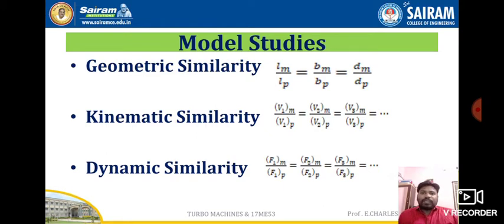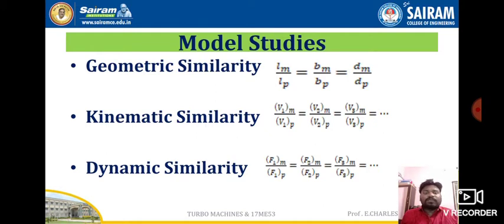In the same way, for any product there is a prototype. The calculations and the detailed study of that prototype is nothing but model study. So this is accurate prediction of the prototype performance. For this prediction, the model and the prototype should be geometrically, kinematically and dynamically similar. In all three types, it should be similar.